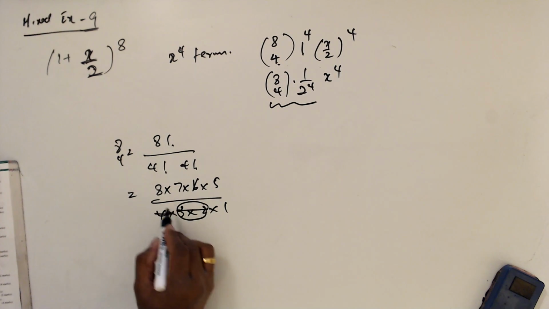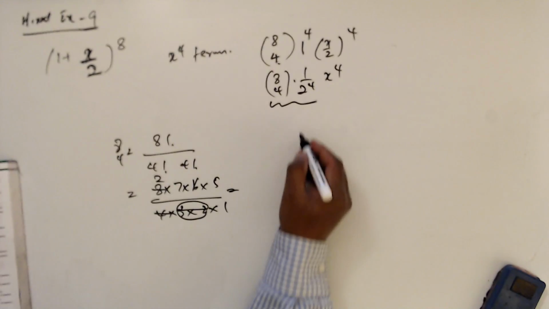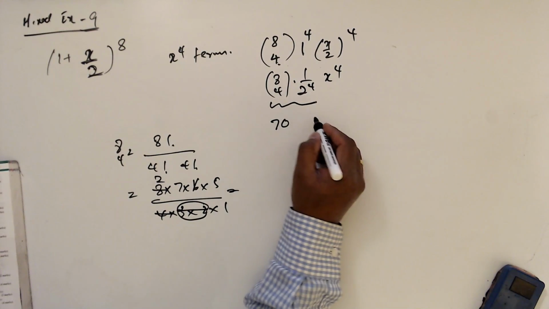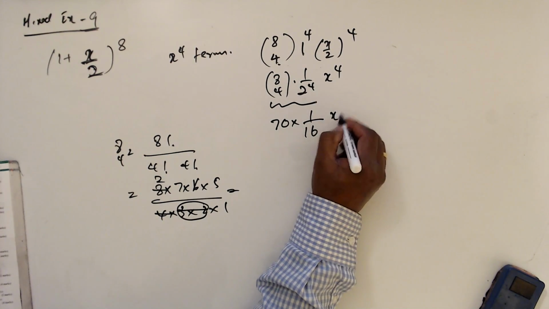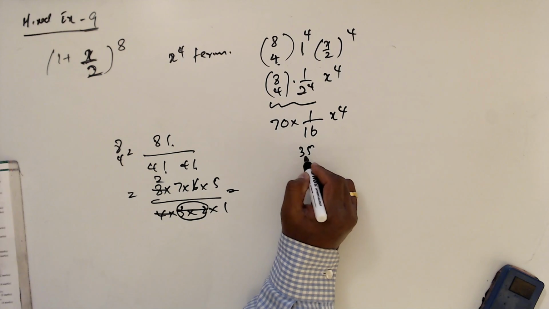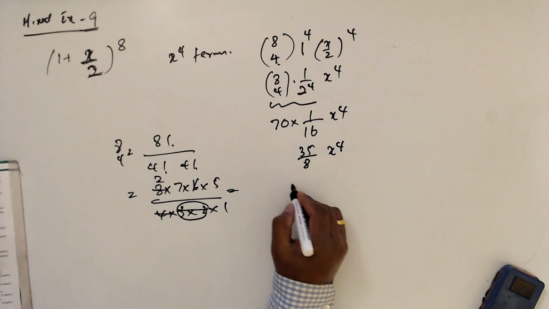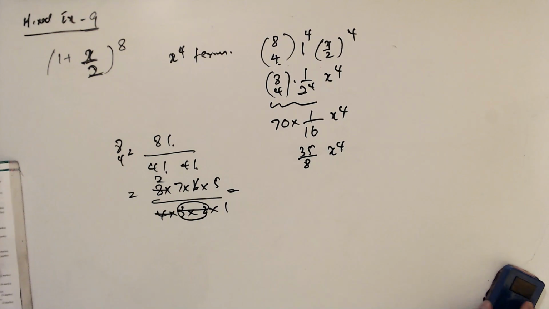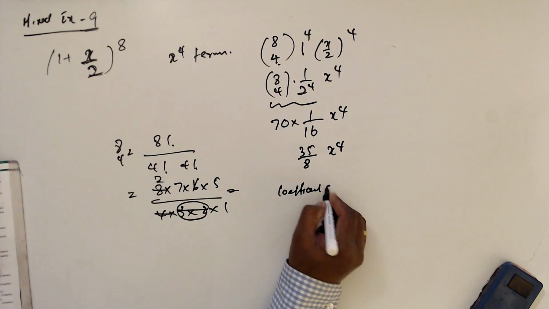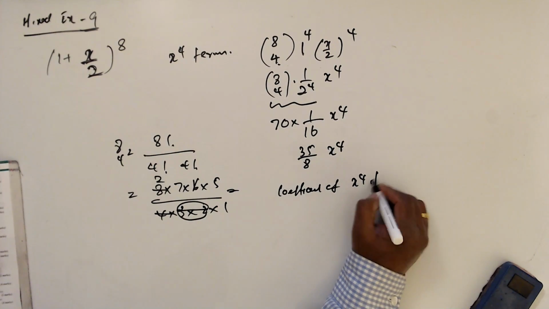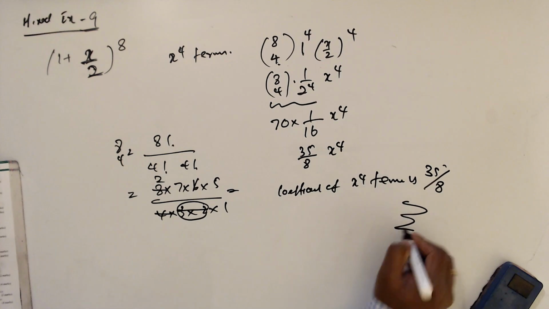This is 4 and this is 2. So 35, 70. So 70 times 1 over 16 x⁴. This is 35 over 8 x⁴. So the coefficient of the x⁴ term is 35 over 8.